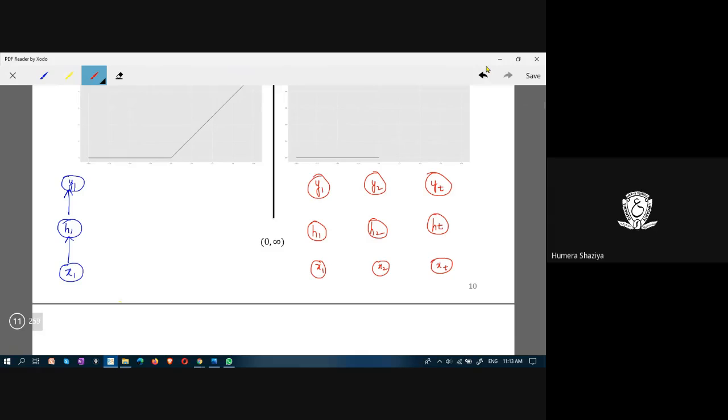Here X1 and H1 are connected. There is a connection, and there is a value U for this connection. Here also you have U, and here you have U. So what are these U's? These are the connection weights between inputs and hidden units.